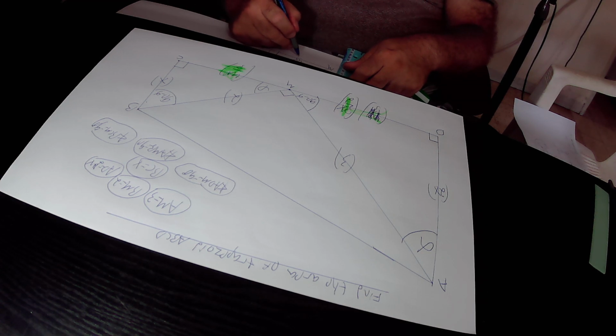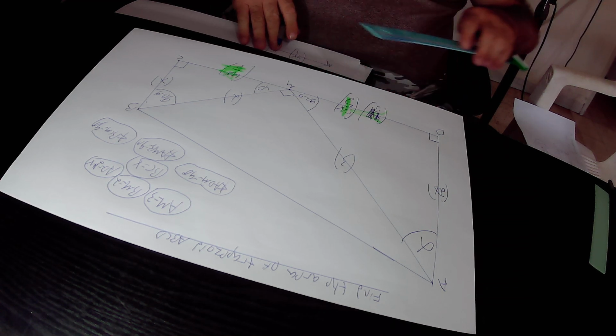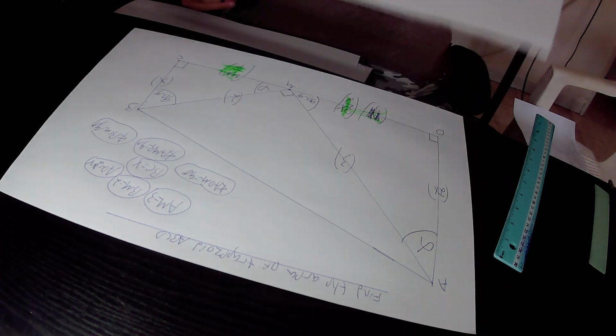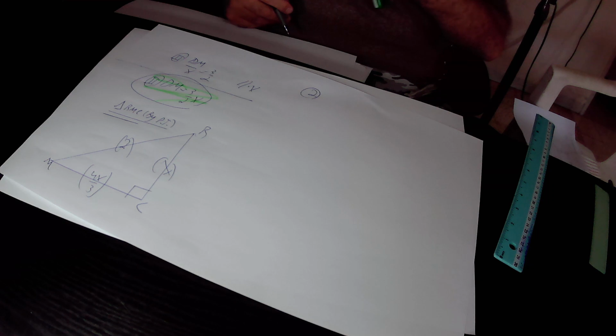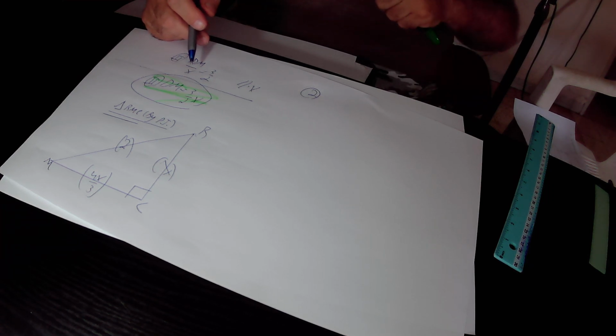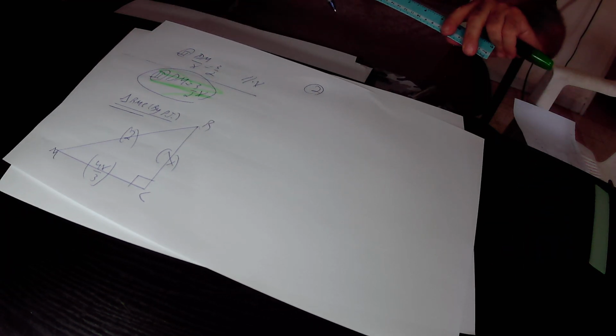Here PT is the abbreviation for Pythagorean theorem. According to the original drawing, in this right triangle BMC, BM squared, the square of the hypotenuse, equals BC squared plus CM squared. So I write it down.